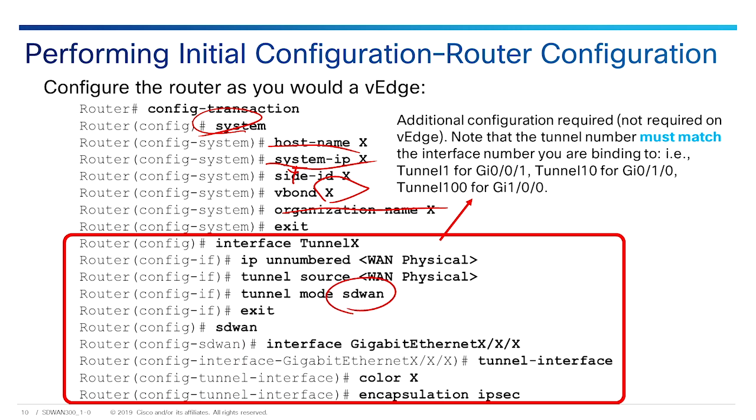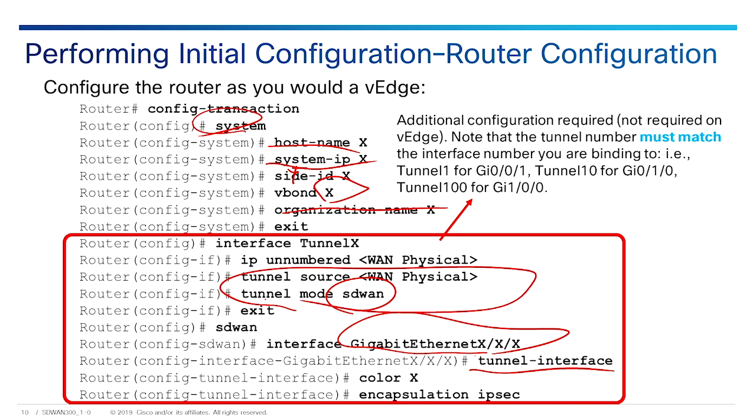Then we go into the SD-WAN configuration, go to that interface, specify it as a tunnel interface, and give it a color and an encapsulation. So we configure the tunnel interface twice, once under the interface tunnel and once under the physical interface, and those must match for the tunnel to come up.